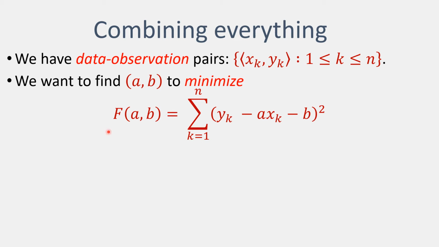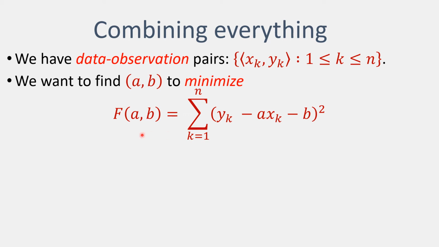So we have this function of our two variables, and the value of that function is given by summing over our observations the result of applying our line function to the data value that we started with. And we're going to square all of that term.